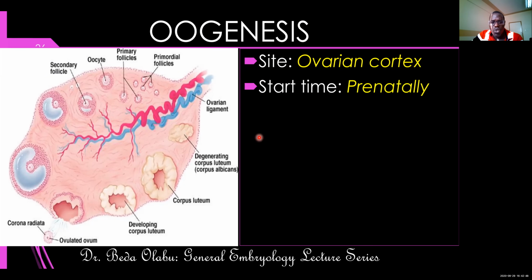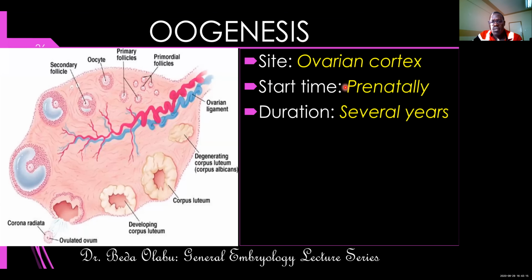The process of forming the oocytes begins way before a girl child is born. The process of multiplication of the cells to give you oocytes begins before birth. This is unlike spermatogenesis, where the process begins at puberty.